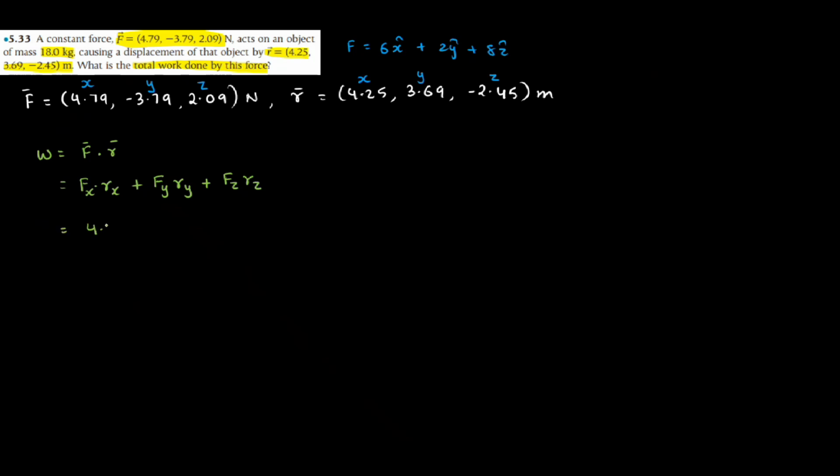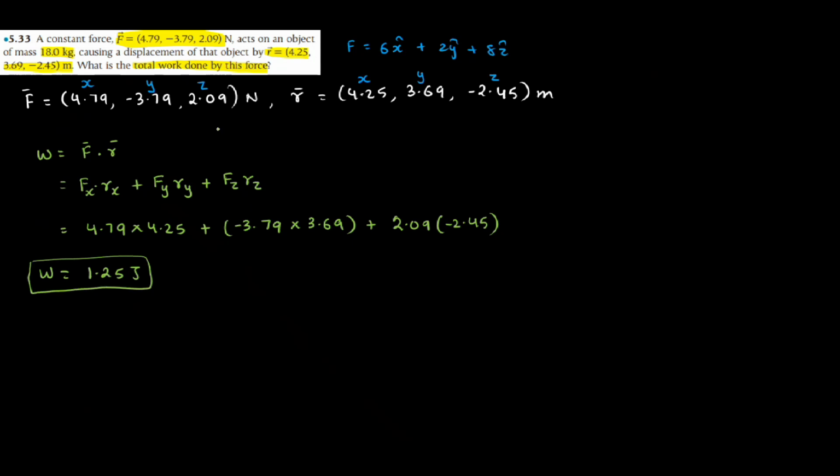Fx is 4.79, Rx is 4.25, plus Fy is negative 3.79, Ry is 3.69, plus Fz is 2.09, and Rz is negative 2.45. When you solve them, you get the value of work as 1.25 joule.